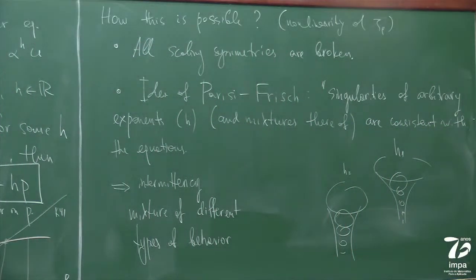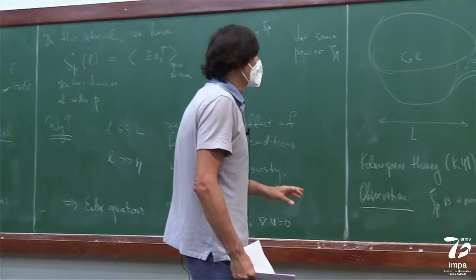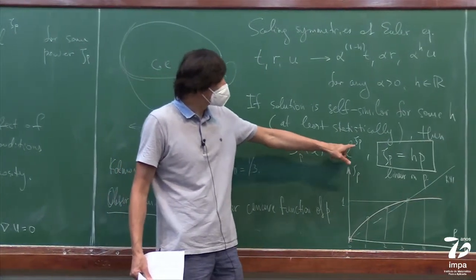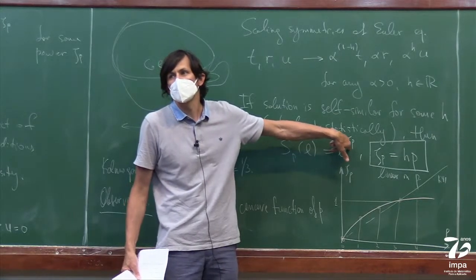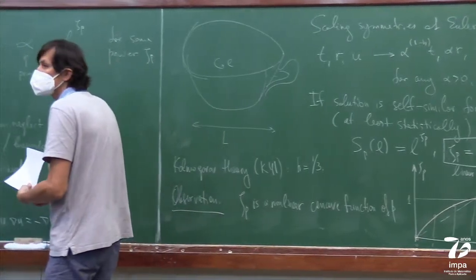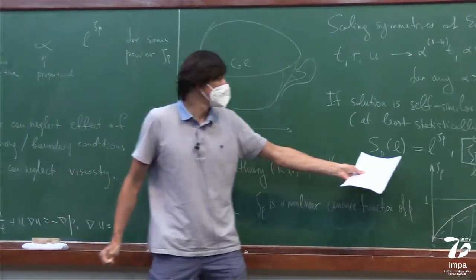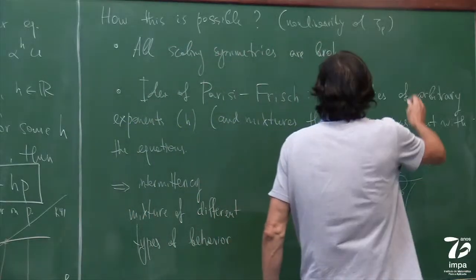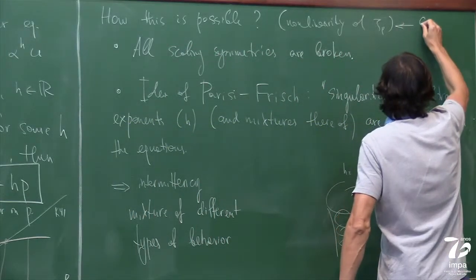So what I wanted to give today, because it will be the last lecture, is one example where everything is solvable. We take an example where we do have this law and where we can exactly, rigorously compute zeta p, and then see what's the reason for this nonlinear dependence, which is usually called anomalous scaling.